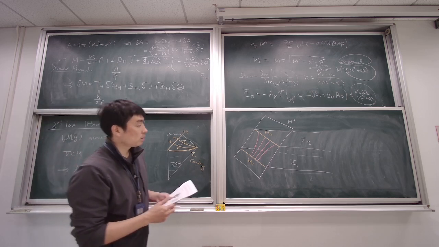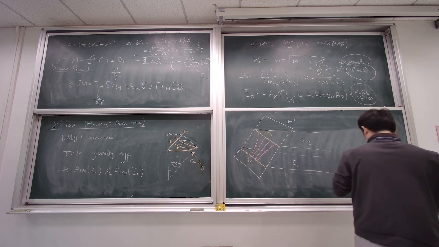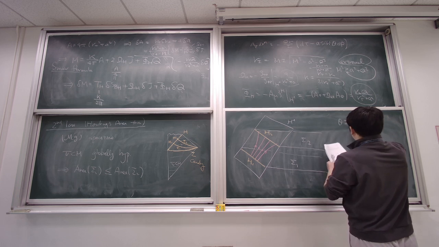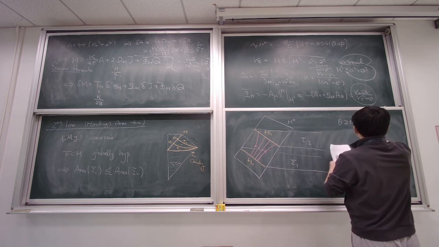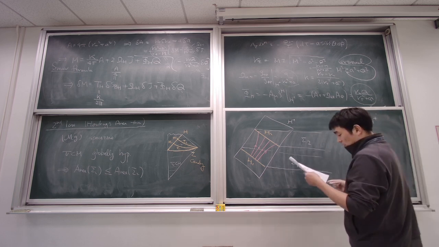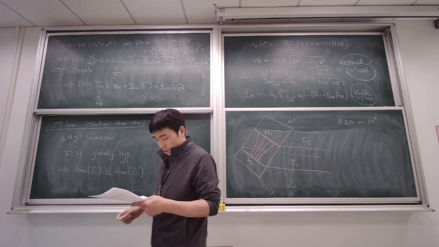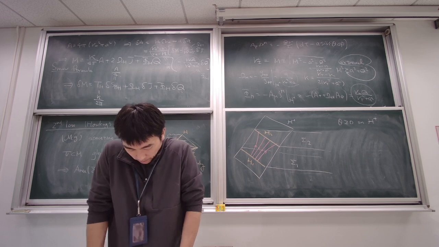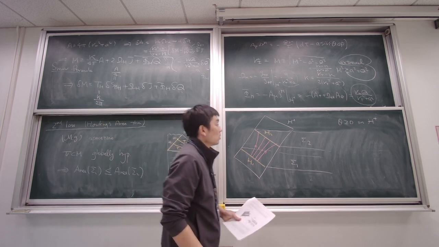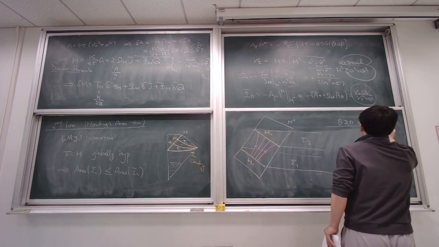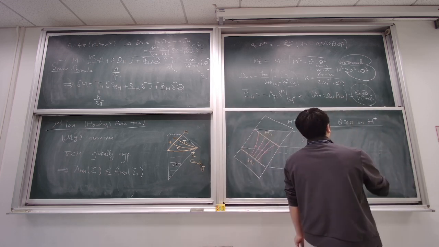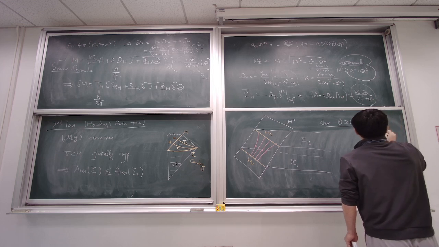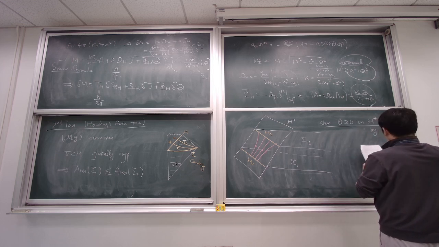So here, we just need to assume that, first, let's show theta is greater than 0 on H plus. So let's show this first, and we show it by contradiction.